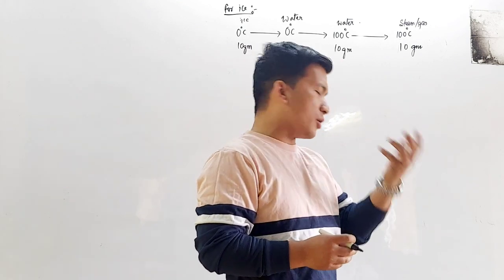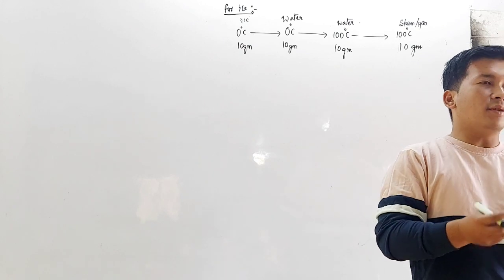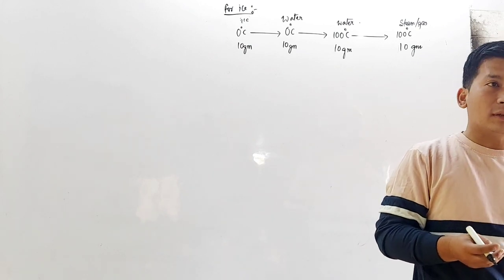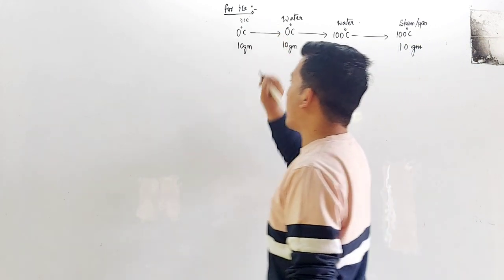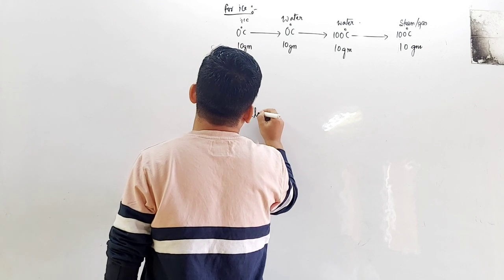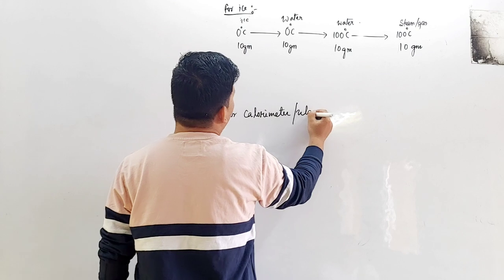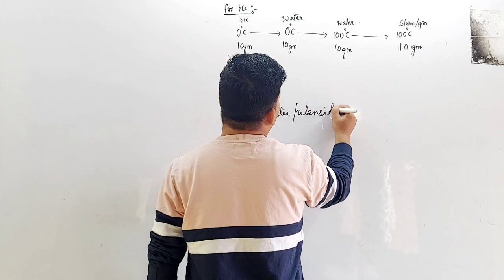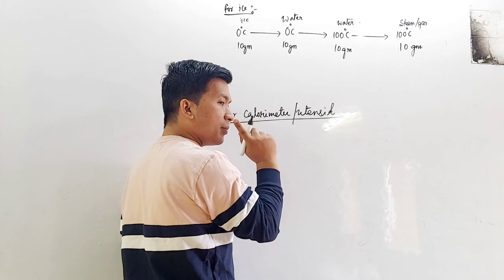First of all, when we cook, we have to apply heat to the utensil. Heat is supplied to the utensil as well. Very simple. What will be the change in temperature for the utensil, for the calorimeter?